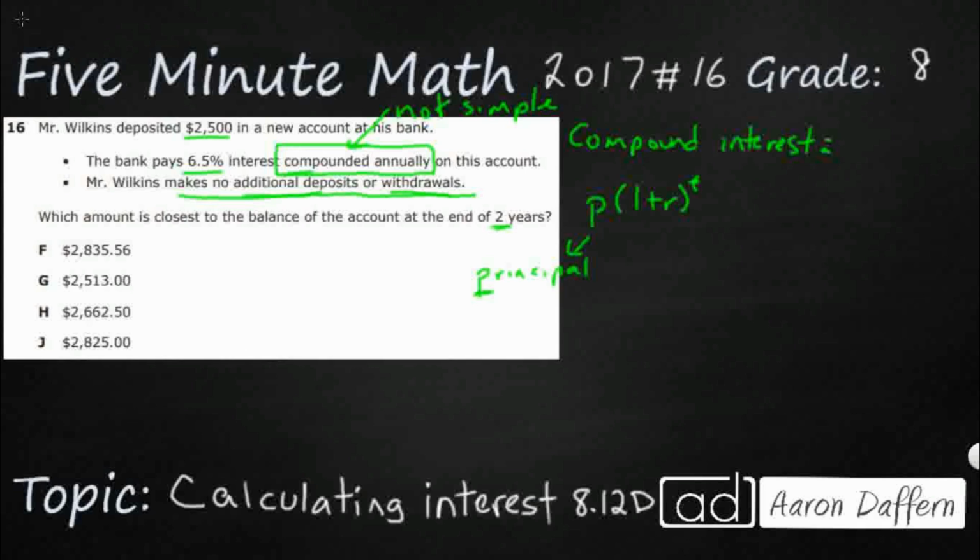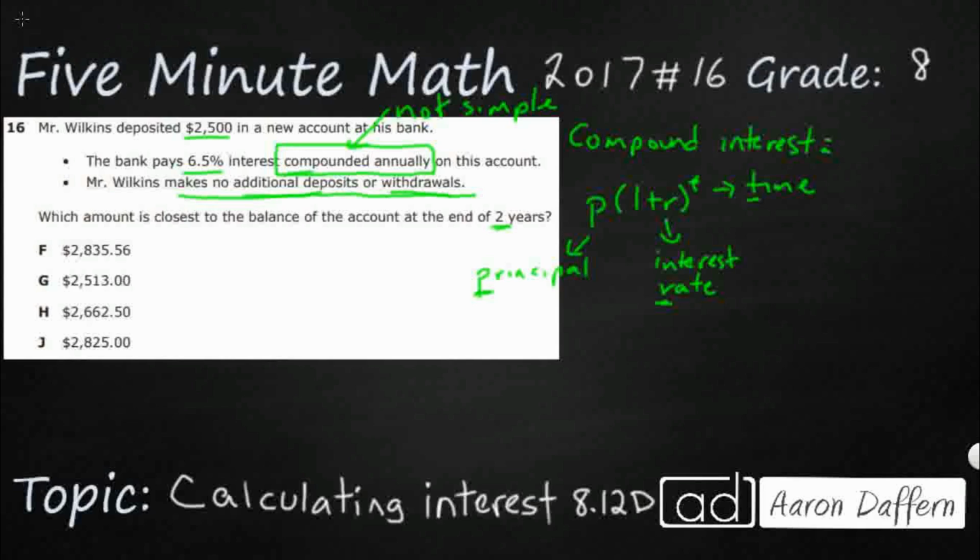So that's good. Now we've got the 1 plus the R. This is going to be your interest rate. Sometimes we just abbreviate it as rate. So there's that R. And then this T is our time. What is our time frame? So that's what those three letters mean.